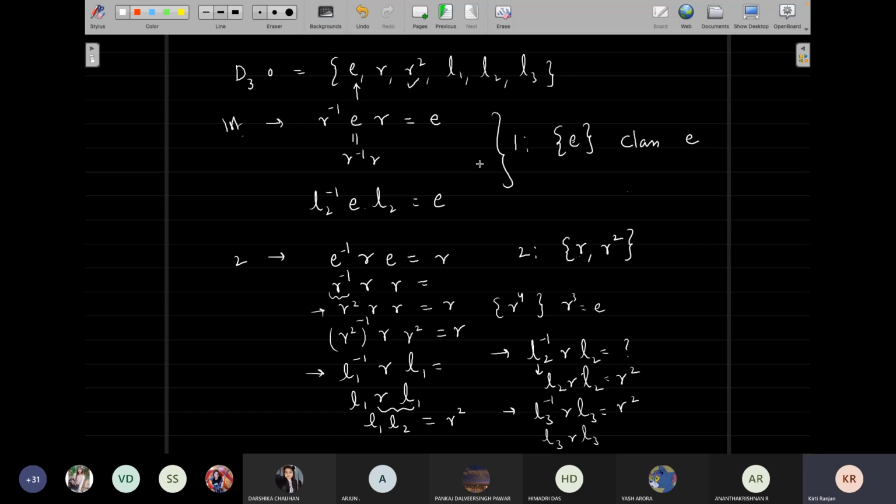If an element like R square is part of this class because they are conjugate of each other, then you do not need to separately find out the class for R square. It will always form a class R square, R and nothing else. That's the interesting thing. But we are not yet exhausted.